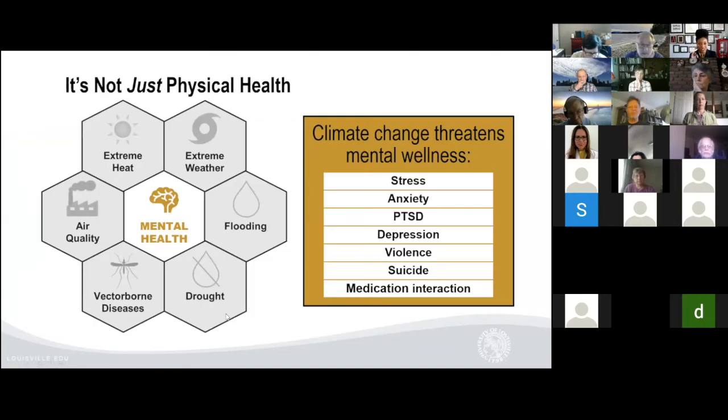I want to make sure it's not lost that it's not just physical health that is threatened by climate events. Our mental health is also at risk. Exposure to extreme weather and floods can increase risk of stress, anxiety, post-traumatic stress disorder, and depression. Nearly half of Hurricane Katrina survivors developed a mood or anxiety disorder. 1 in 6 developed PTSD.